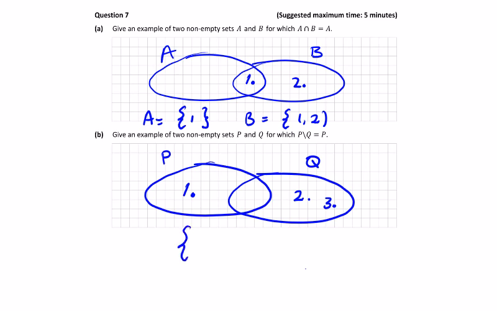So P is 1, and Q could be 2 and 3. See there, we put these elements in. There's nothing in the intersection, and P less Q is equal to P. So I think drawing them out definitely helps in this type of question. You can use any numbers, you could use letters. They don't specifically specify, but I've just used the first couple of numbers that came to mind.